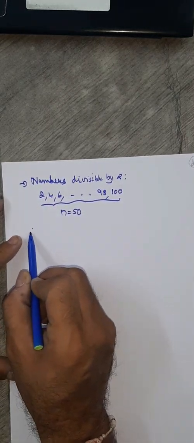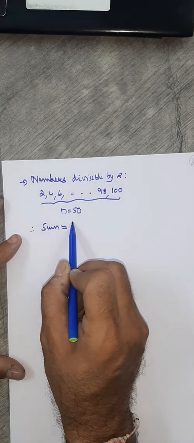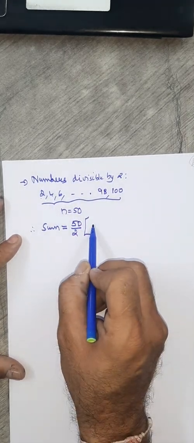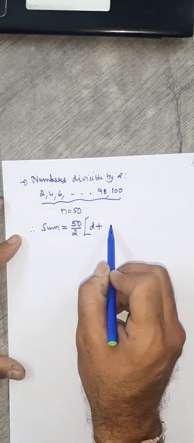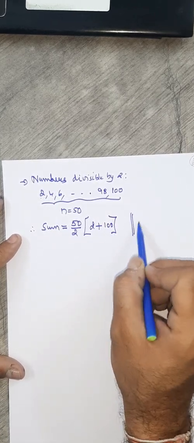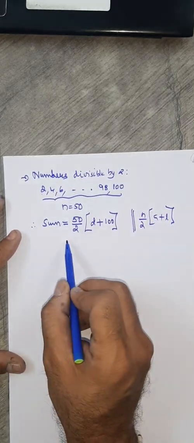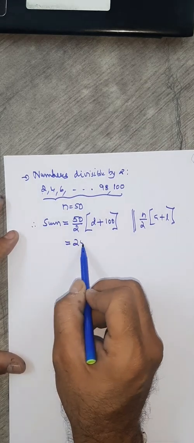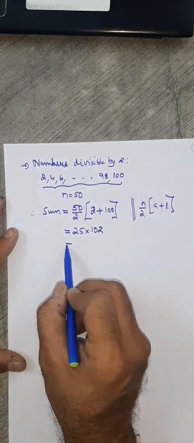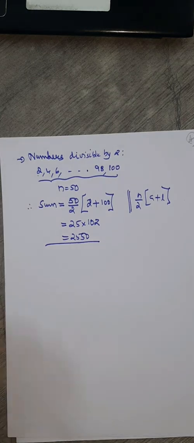And therefore the summation, which will be n by 2, 50 by 2 into A plus L, A means 2, L means 100. Which formula have we used? N by 2 into A plus L. So we'll get 25 into 102, which is 2550.